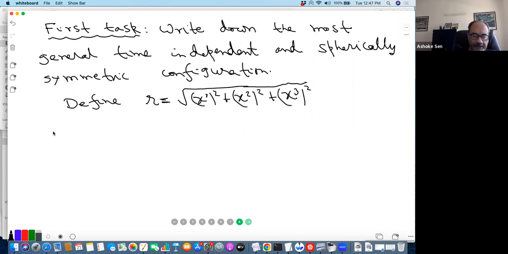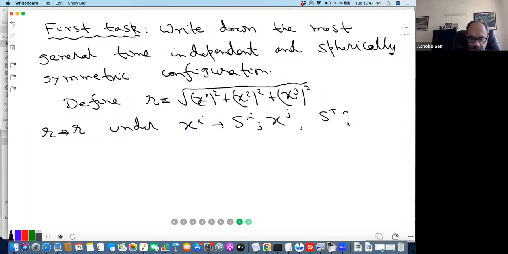But it has the property that R goes to R under rotation, under xi going to Sij xj. So this is a function of the space coordinates that is invariant under this rotational symmetry.